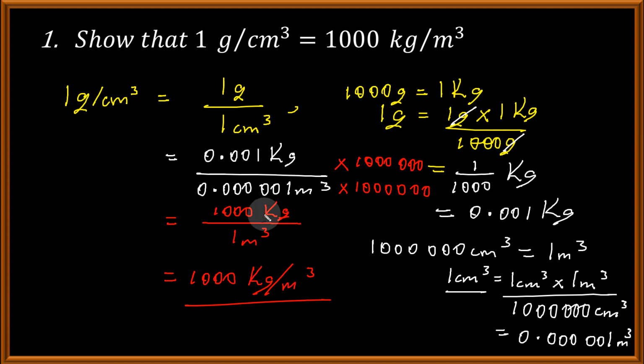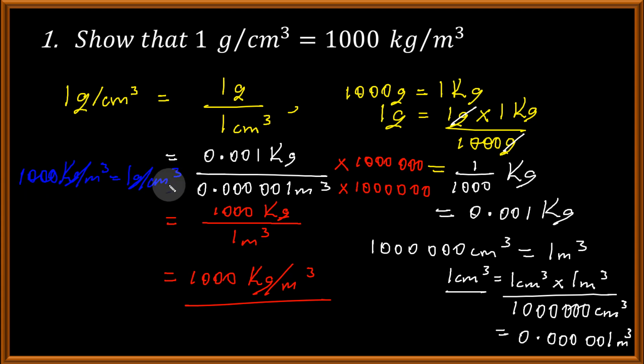At this point, I'd like to mention something which confuses very many students. Since students recall that 1000 grams equals 1 kilogram, they usually think that there is some kind of mistake that has occurred here. They usually think that the correct way of writing it is 1000 kilograms per meters cubed is equal to 1 gram per centimeters cubed.